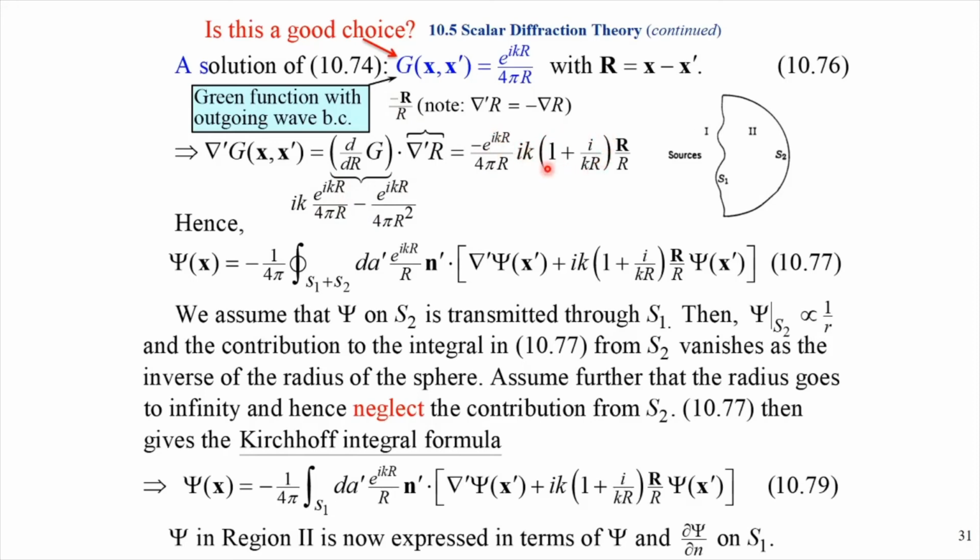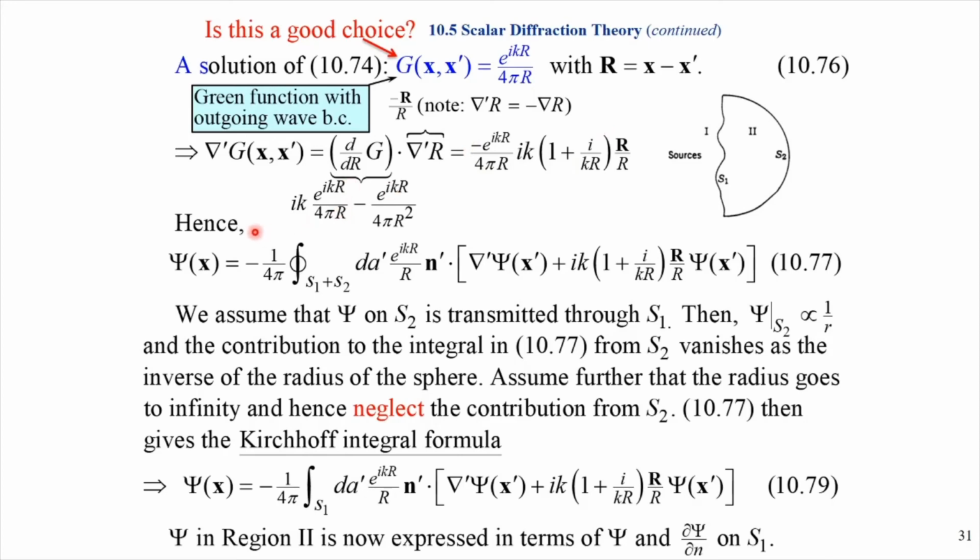This one corresponds to this one. I cancels, so we have a minus sign. And here, vector R over the amplitude of R. So that's a simple operation.